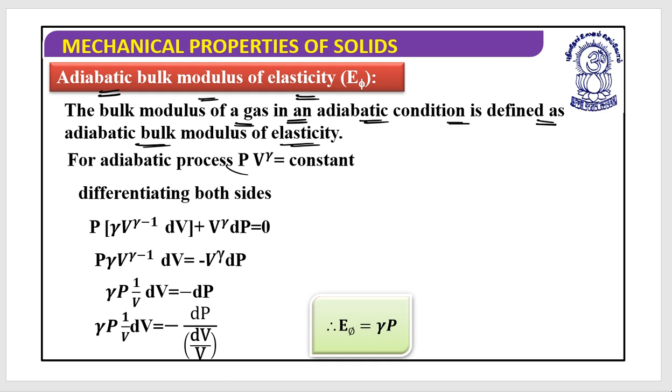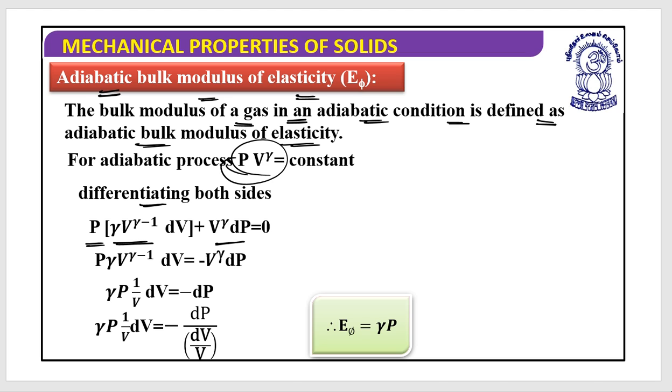For adiabatic process, P into V to the power gamma is equal to constant. If I differentiate it on both sides, then I have P into gamma into V to the power gamma minus 1 dV plus V to the power gamma dP is equal to 0.